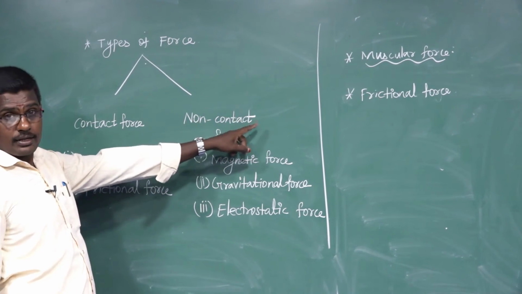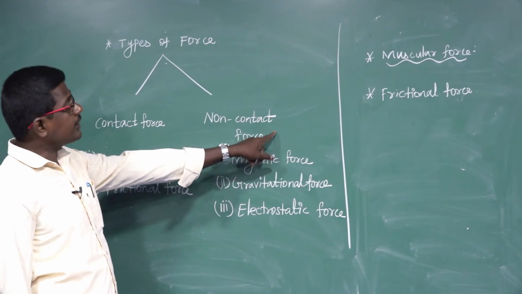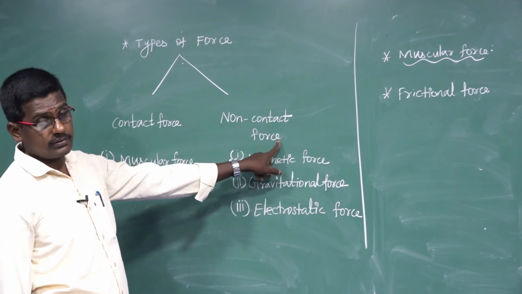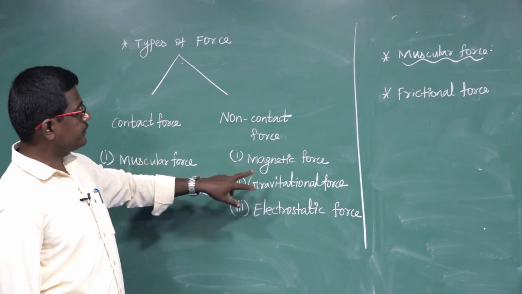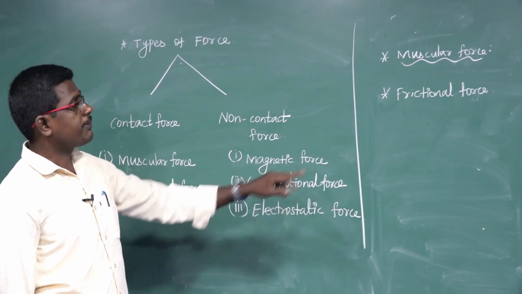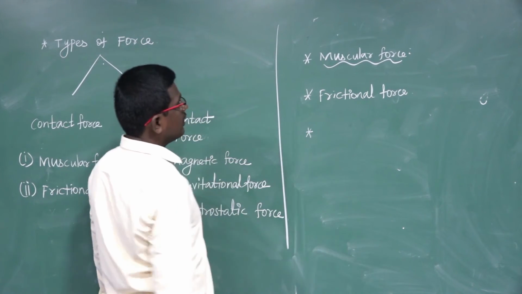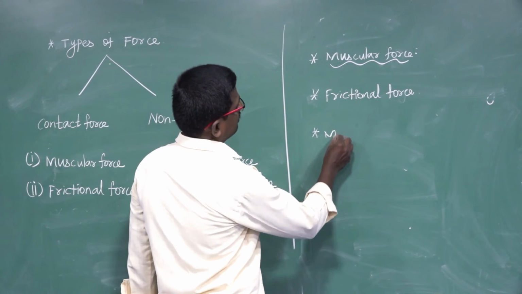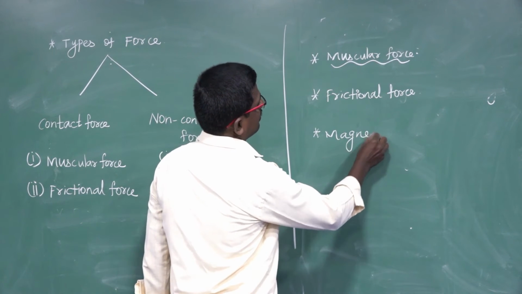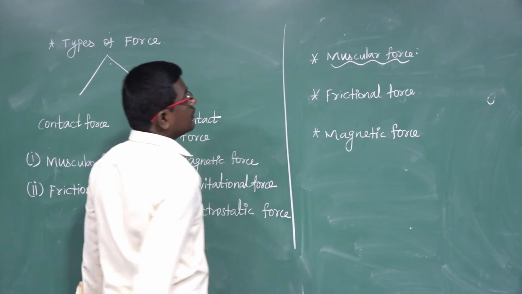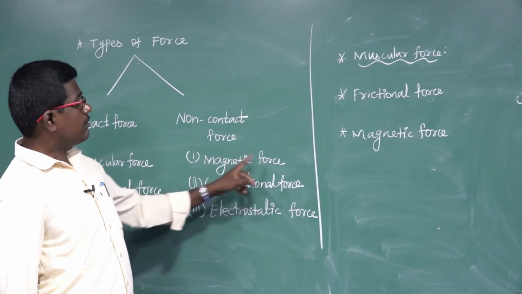Non-contact force: the force that acts on an object when not in contact with it is called a non-contact force. A non-contact force example is magnetic force. What is magnetic force?